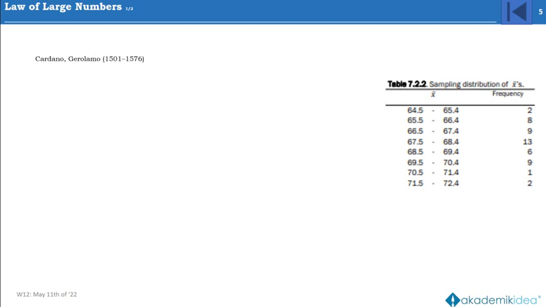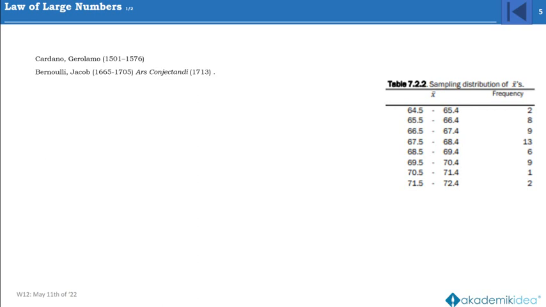A special form of the law of large numbers for a binary random variable was first proved by Jacob Bernoulli, who lived between 1665 and 1705.